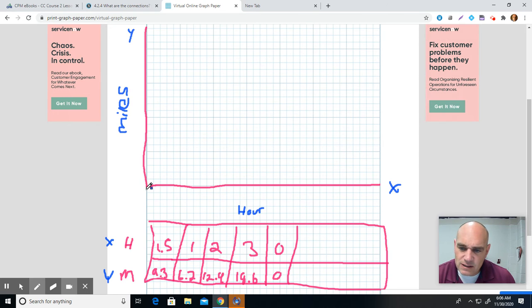All right, so for my x-axis, I'm going to go every 4 lines to be a 1. So 1, 2, 3, 4. So this here is going to be 1 hour. And then 1, 2, 3, 4. This will be 2 hours. The reason is it's breaking this up into 1.25, 1.5, 1.75. So my scale is going to be 0.25.